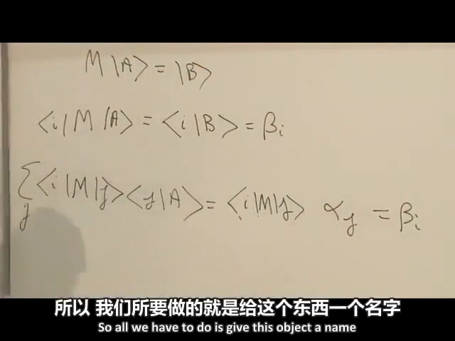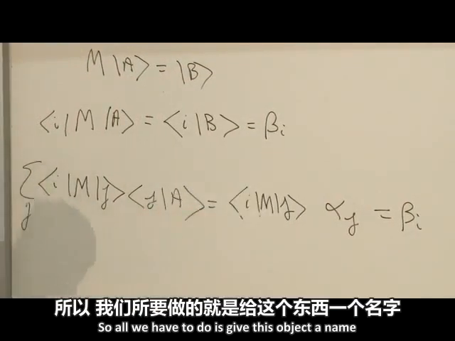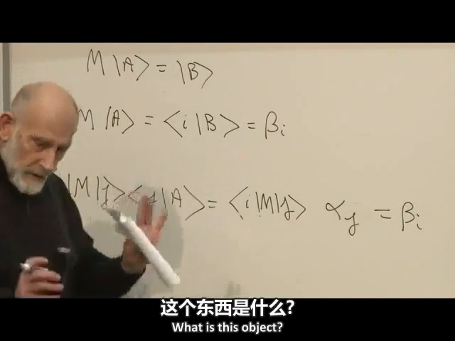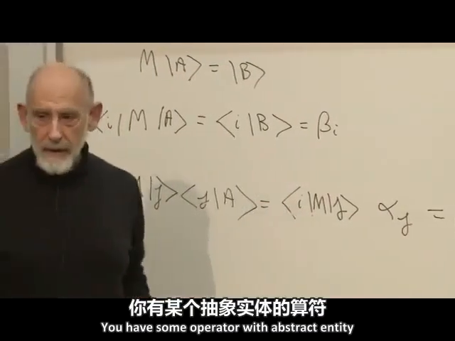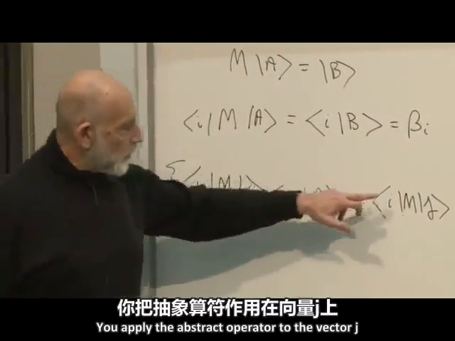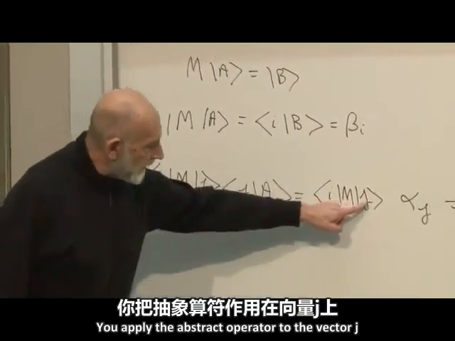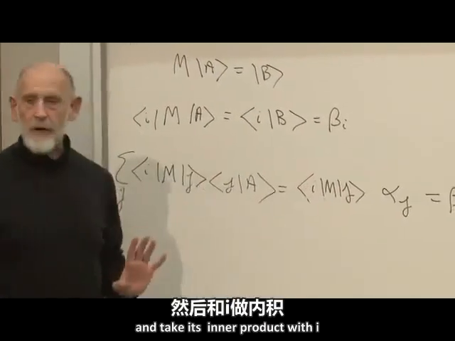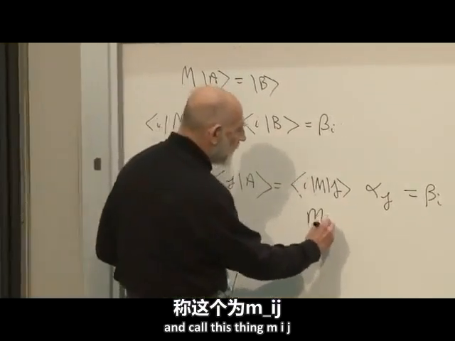So all we have to do is give this object a name. What is this object? I'll tell you again. You have some operator, it's an abstract entity. You have a collection of basis vectors. You apply the abstract operator to the vector j and take its inner product with i and call the thing Mij. It's a number.